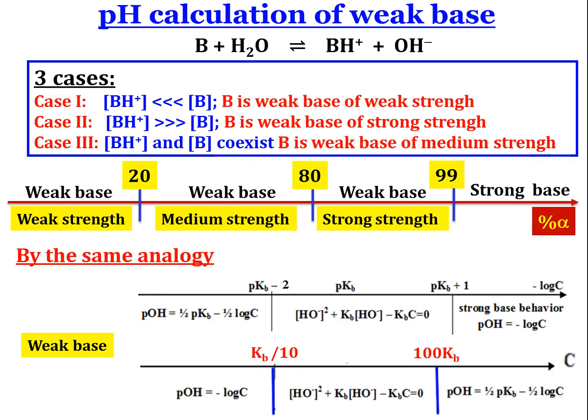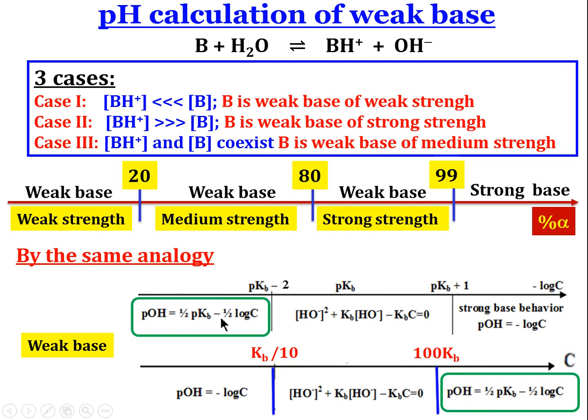So we obtain these domains of minus log C and C. If minus log C is less than pKb minus 2, or if the concentration C is greater than 100 times Kb, the pOH of the solution equals half pKb minus half log C, and pOH plus pH equals pKw, so we can deduce the pH.